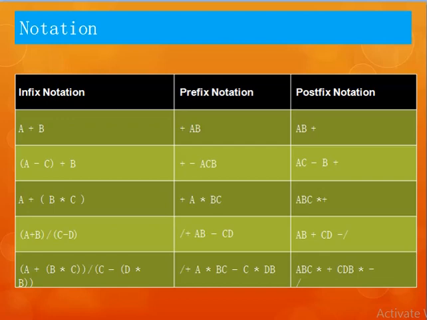Here, for the infix notation A plus B, what will be the prefix and what will be the postfix is given. For A plus B, the prefix notation is plus AB, and the postfix notation is AB plus. If the infix notation is A minus C plus B, the prefix will be plus minus ACB, and postfix is AC minus B plus.